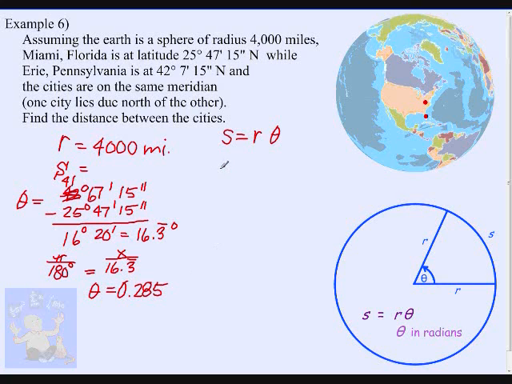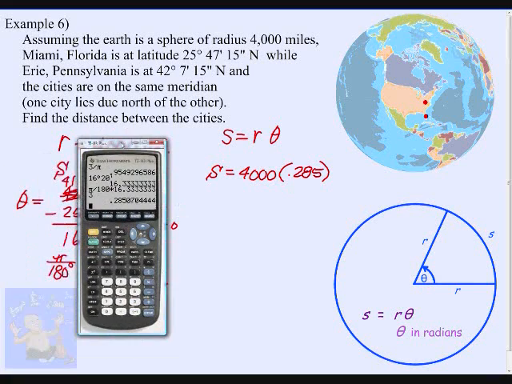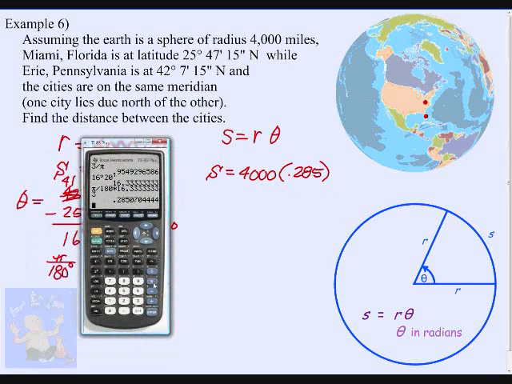So now I can say the distance between these cities is 4,000 times 0.285. And of course, we're talking miles. Let me just multiply this times 4,000.